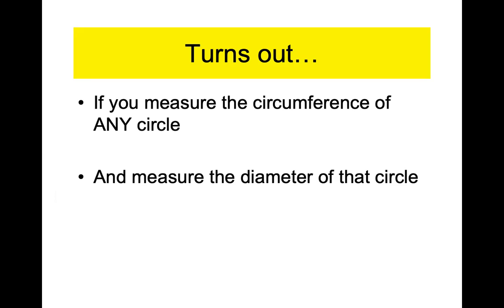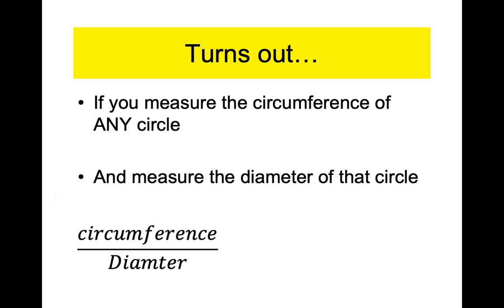This literally was earth-shaking for ancient humans. Because when you take any circumference, for a specific circle, and you divide it by its diameter, guess what happens? Not once, not twice, every time. You can use it for this circle.